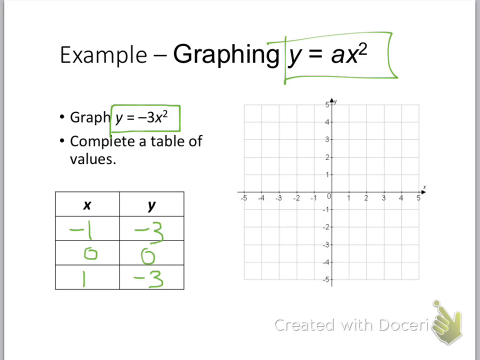Negative 1, negative 3, 0, 0, and 1, negative 3. Now, as we said before, a parabola is a curve. So you're going to connect these dots with a nice smooth U-shaped curve. In this case, the vertex is the highest point. And you can see the axis of symmetry would be through 0, the y-axis.